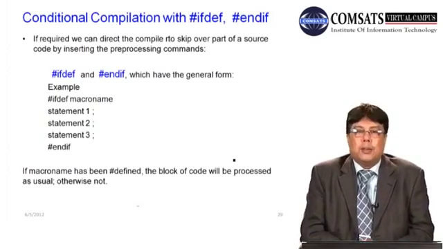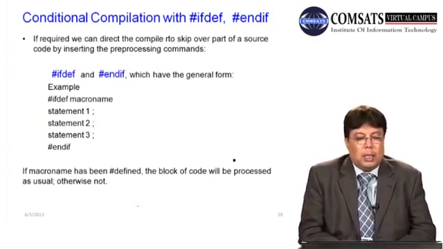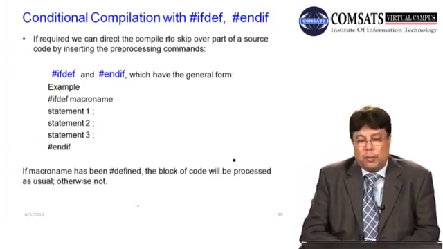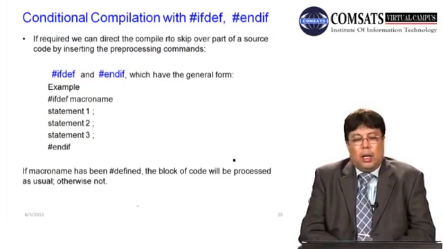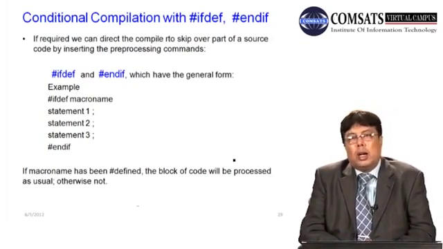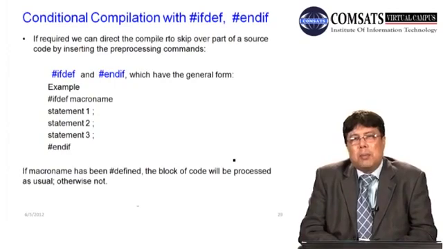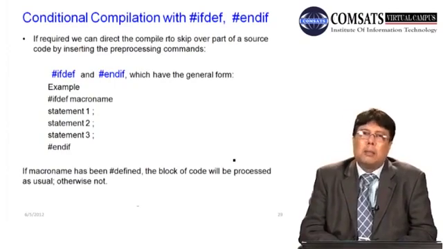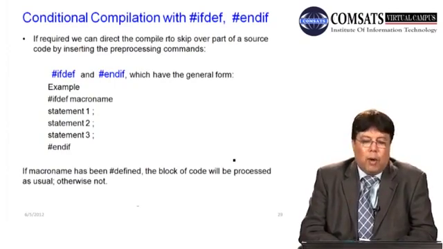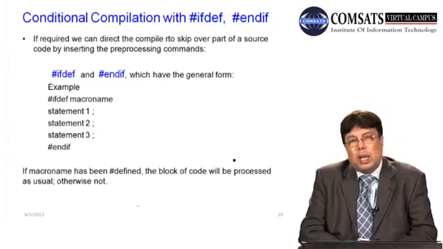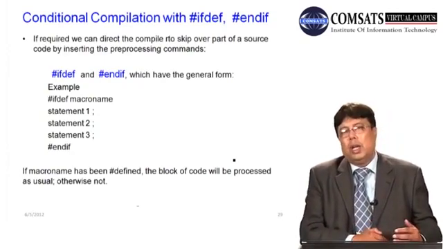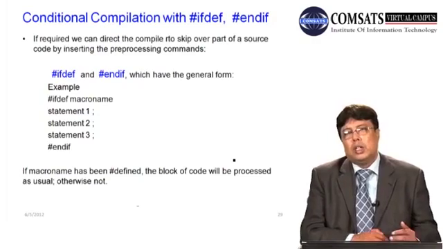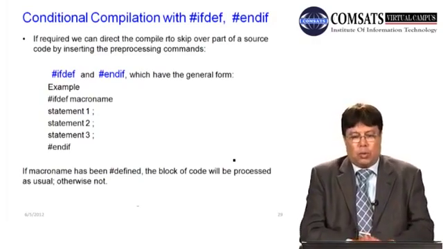Next preprocessor directive is conditional compilation. You can compile the code conditionally, means you can skip some code or you can compile some other part of the code. If required, we can direct the compiler to skip over one section of the source code and just compile the other section of the source code.